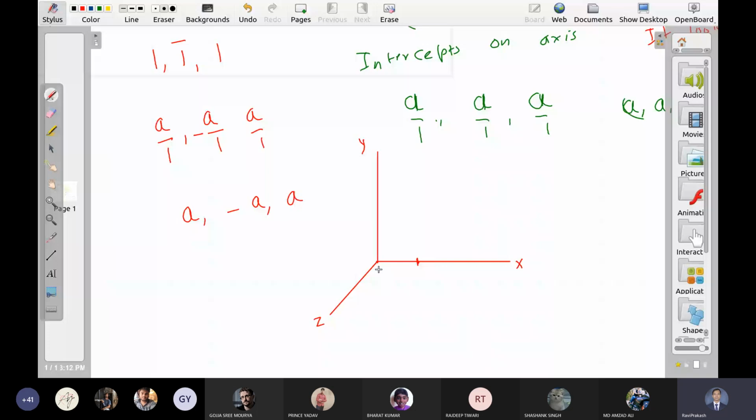And it has intercept A on z-axis, like here. What kind of plane is this? So again, it is not a triangular plane. It is infinite plane. In the lower quadrant, it looks like a triangle. Okay.